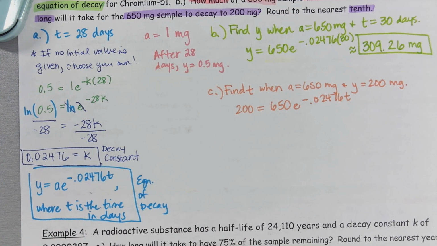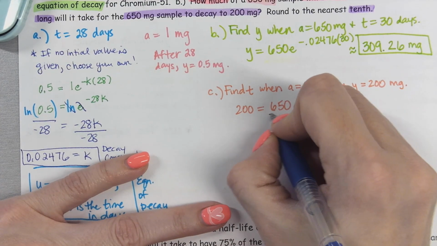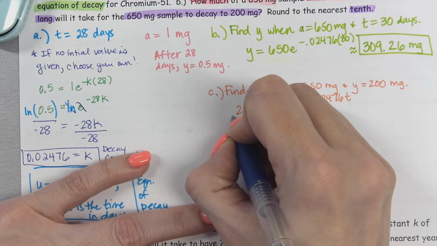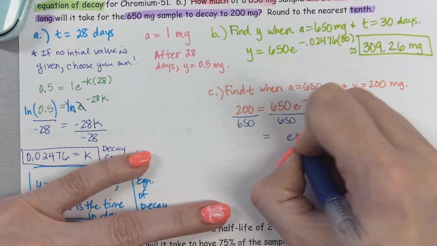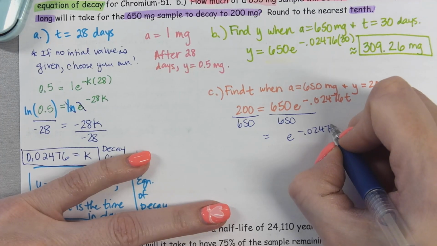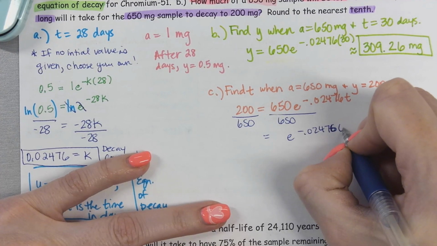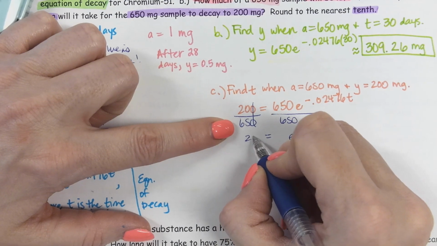Okay, so when you are solving for time, you are going to be using natural logs. Okay, so the first thing we want to do is get E by itself. So we're dividing by that value in front. Okay, and then you can feel free to just leave this as 20 over 65.